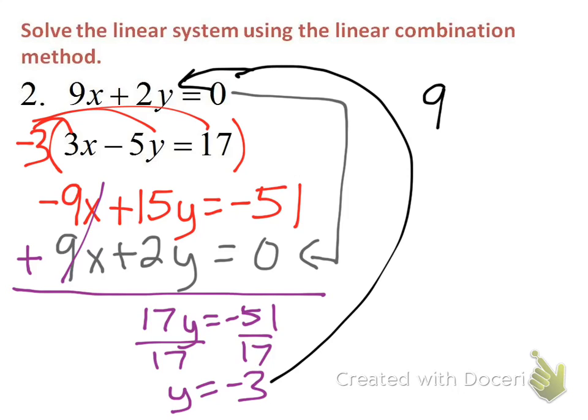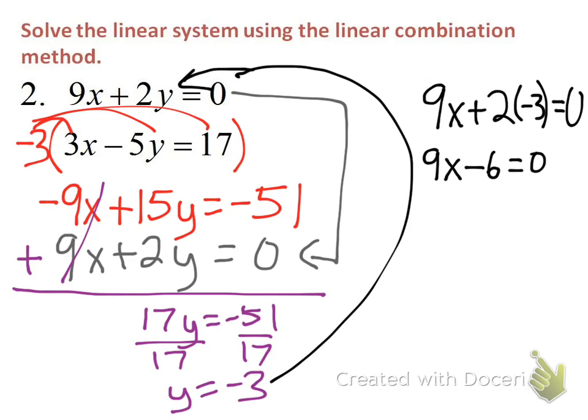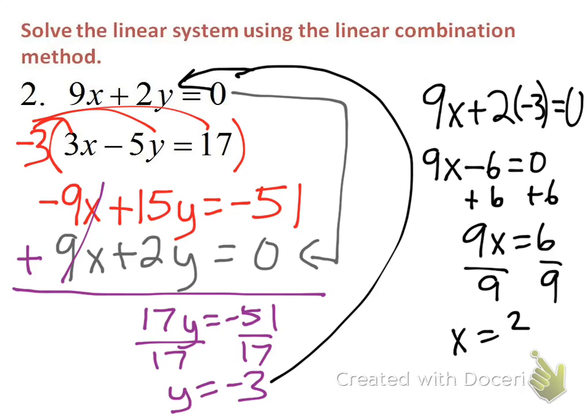So right now I have 9x plus 2. Instead of y, I'm going to write what y equals. And that equals 0. So 9x minus 6 equals 0. Add 6 to both of the sides. Divide by 9. Reduce. You get 2/3.